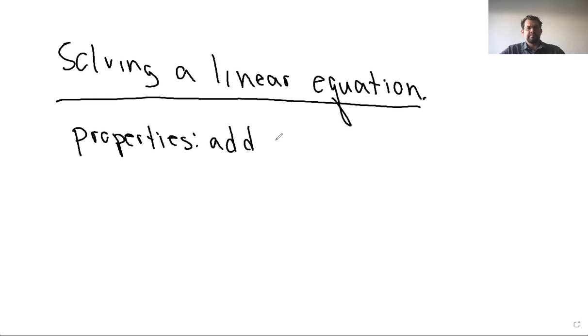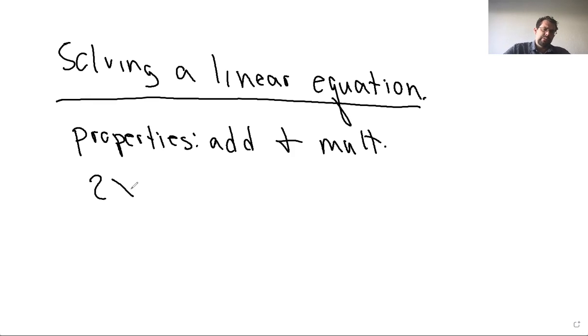Addition and multiplication. If we have an equation and we add the same amount or subtract the same amount from both sides, it'll maintain its equality. Also, if we multiply both sides of the equation by the same amount or divide by the same amount, as long as it's not zero, we'll maintain the equality.